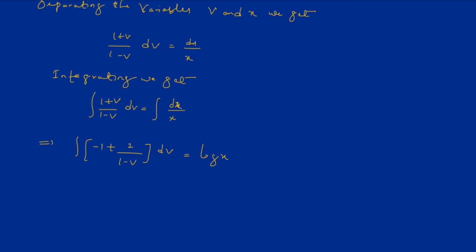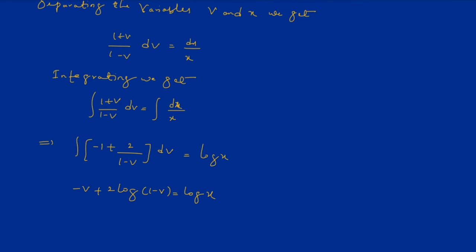So now integrating this, what do we get here? Minus v plus 2 log of (1 minus v), which is equal to log x.